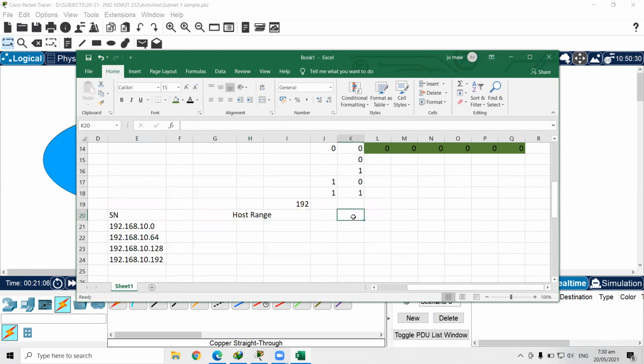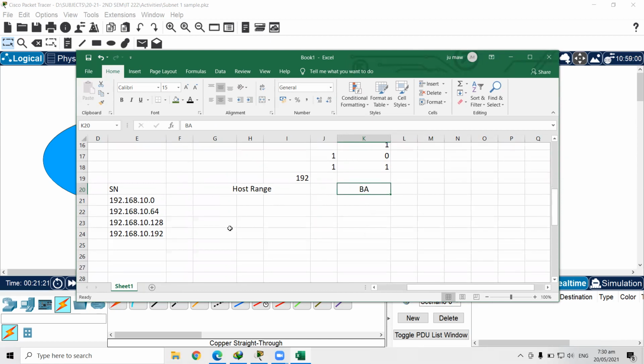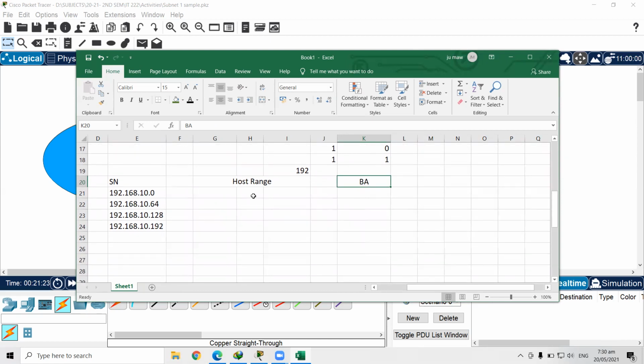Tapos syempre, meron yung broadcast address. Broadcast address naman will be used for the network, for broadcast addressing if there are errors or something.